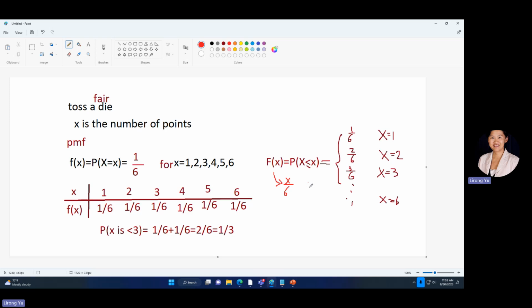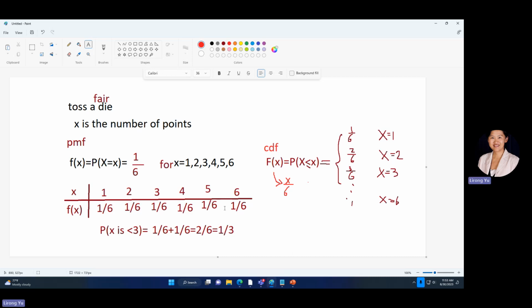The CDF is f of x equal to x/6. So that's the formula way. Of course, you can come up with a table for it, but I normally only make a table for the probability mass function, not for the cumulative ones. For cumulative ones, if it's possible, I would prefer to use a formula. Any question?